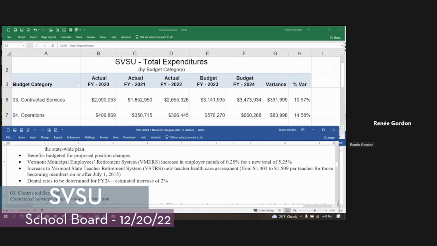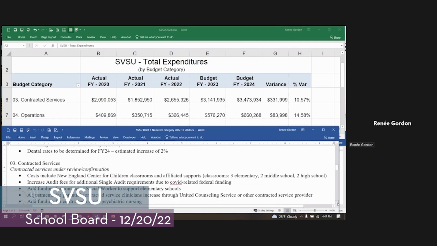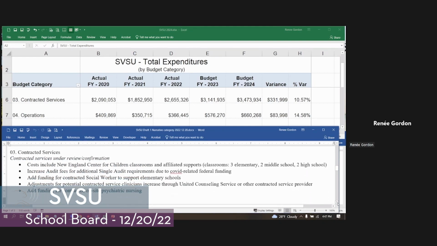And we do have quite a few contracted service providers in a number of areas throughout the SU. One of the biggest ones is our relationship with the New England Center for Children classrooms that we have. So currently we have 3 classrooms at the elementary level. We have 2 at the Mount Anthony Middle School and 2 at the Mount Anthony High School.